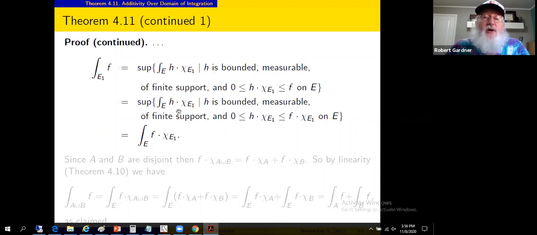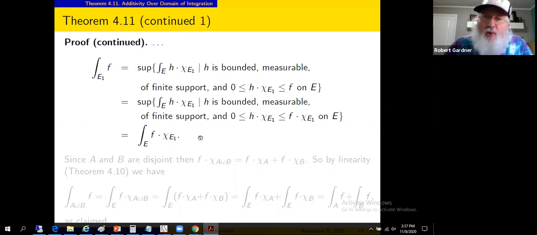We're doing a sup over all such functions less than or equal to f times a characteristic function on E sub 1. When you do such a sup, that produces by definition an integral of this upper bound thing. And this upper bound thing is f times a characteristic function on E sub 1, and these inequalities hold on set E. So what we've shown is that the integral over E1 of f, E1 a subset of set E, is the integral over E of f times a characteristic function.